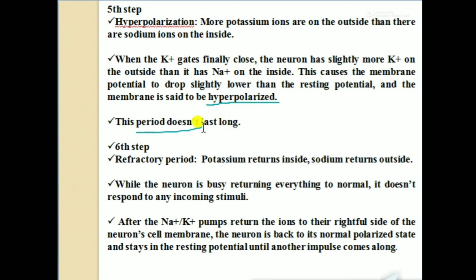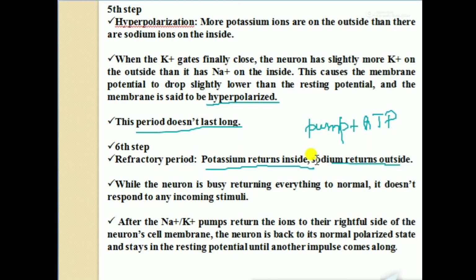This period doesn't last long. What is the sixth and last step? It is the refractory period, where the potassium returns inside and sodium returns outside with the help of the pump. The pump utilizes ATP to do its job. While the neuron is busy returning everything to normal, it doesn't respond to any other incoming stimuli.